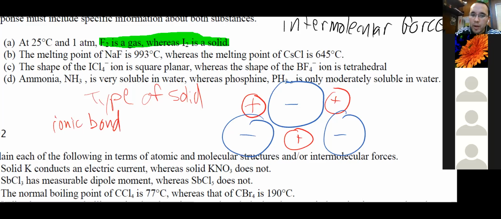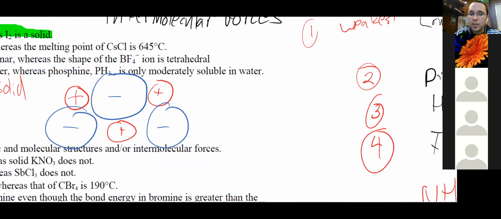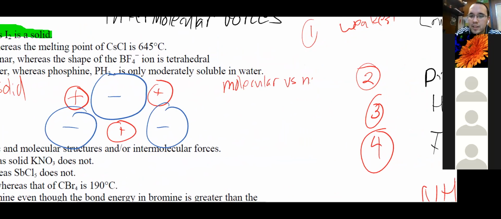So you do want to think about what type of solid you have, whether it's molecular, so if it's a molecule, or if it's non-molecular. Does anyone else have other examples of something that's non-molecular? So we have the crystalline solids, or the ionic salts.